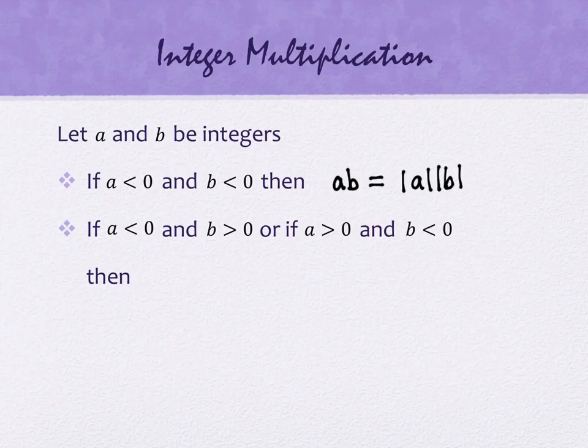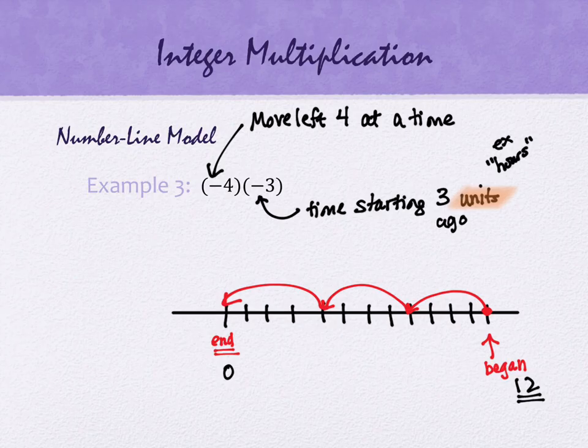Second one tells you what happens if one's negative and the other's positive. Well, if one's negative and the other one's positive, then you end up with a negative as your answer, and then you have the absolute value of the A and the B. And believe it or not, this is really how you think about multiplication. You probably haven't thought about it as being absolute values, but you usually look at this, like the last problem. We even did this.